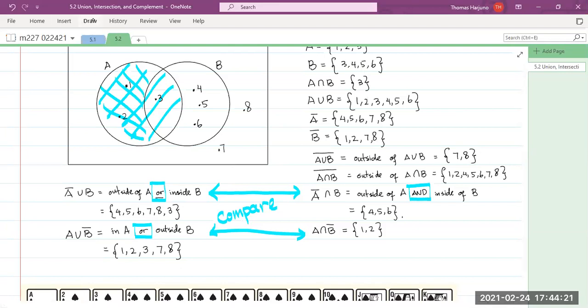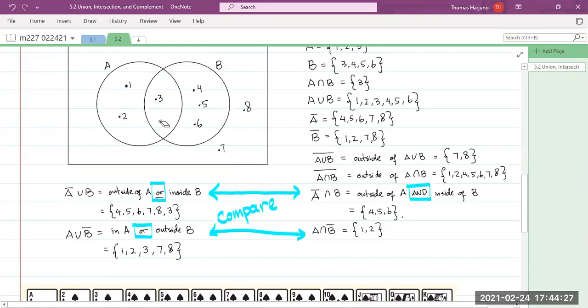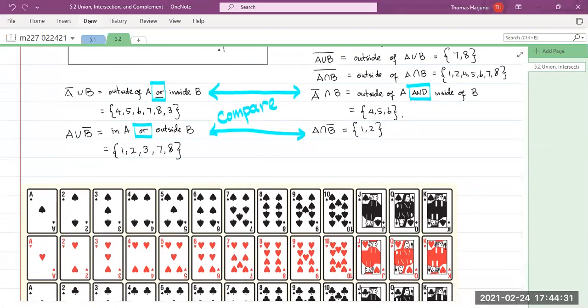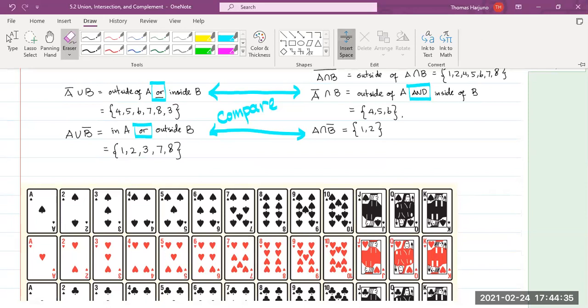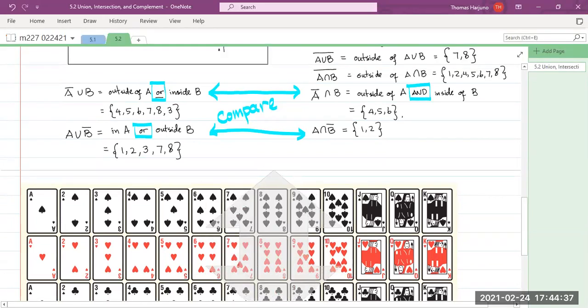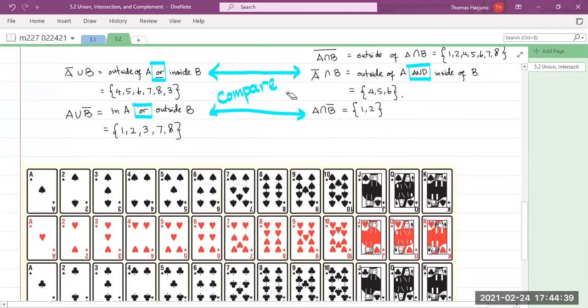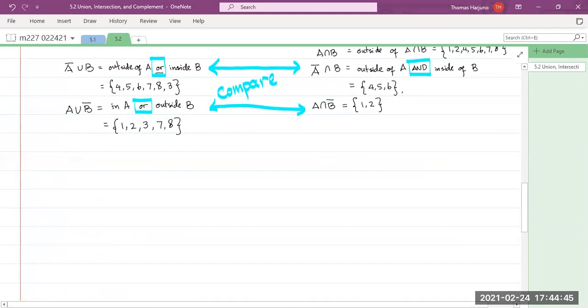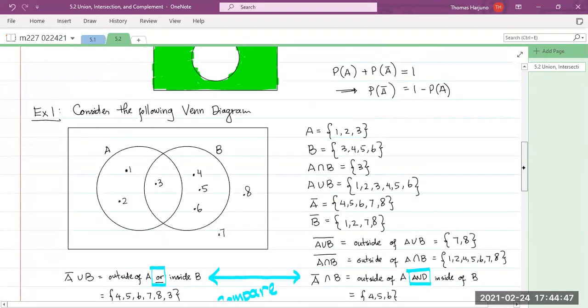Okay, now I will get further in. The way I draw the Venn diagram above is to tell what are the elements in A, in B, outside of A, outside of B. Okay, what are the elements?